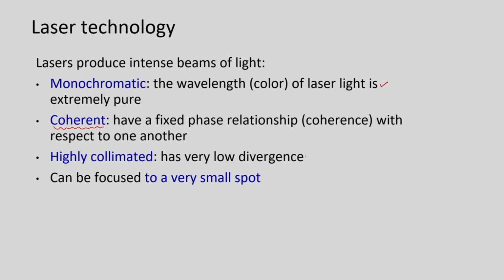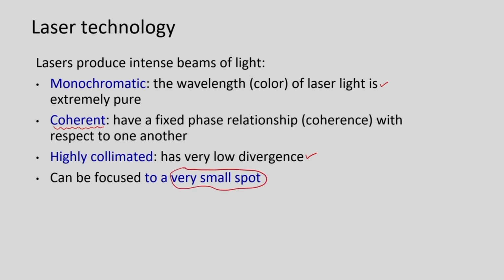Then the third one is the laser beam is highly collimated. The meaning of collimated is that the laser beams or the waves in the laser beams are parallel to each other. There is very low divergence. The beams are exactly parallel to each other, and that is enabling us to have a high power density laser beam which we can apply to a very small spot.